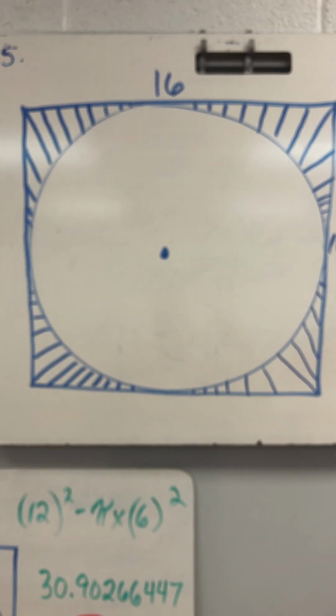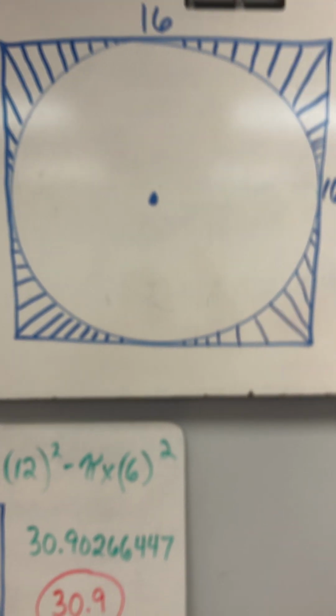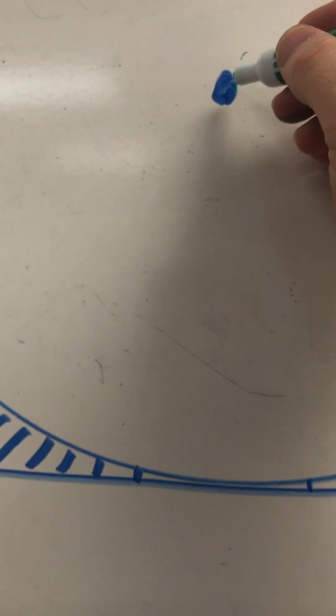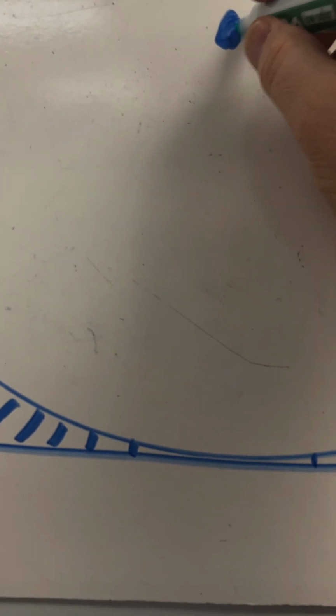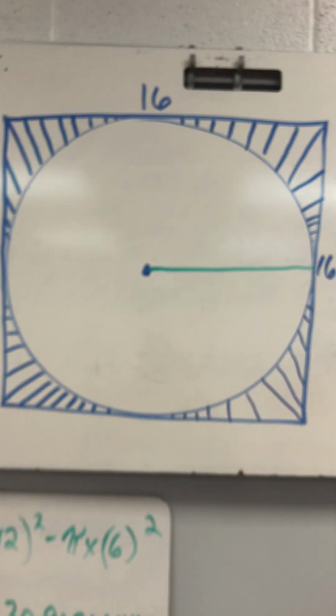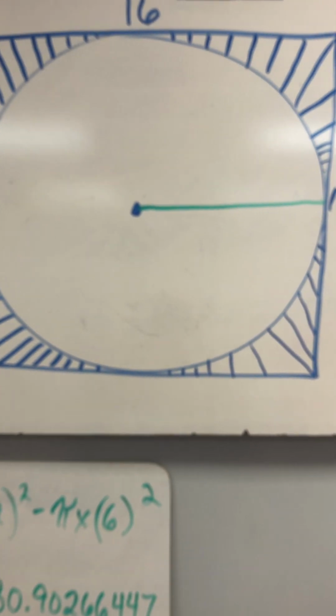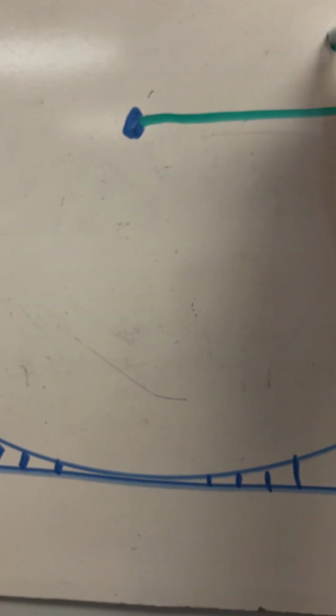Now, if the length of one side is 16, what is the radius of the circle going to be? If the length of one side is 16, isn't the radius going to be 8?